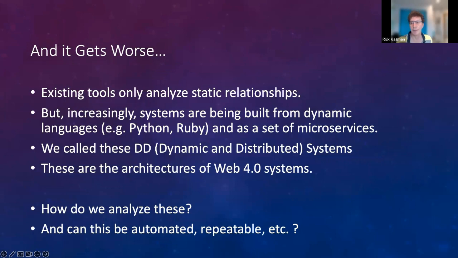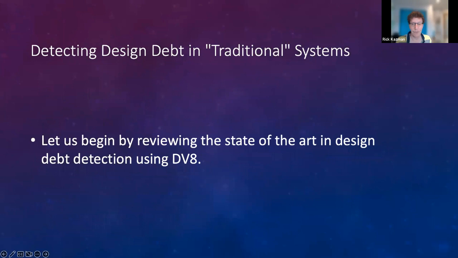They're being built in more dynamic languages where these relationships are being created and bound at runtime. Our systems are being built as sets of services or microservices with dynamic binding between the relationships. And so if it's already hard to analyze traditional systems with static relationships, it's even harder to analyze these dynamic and distributed systems.